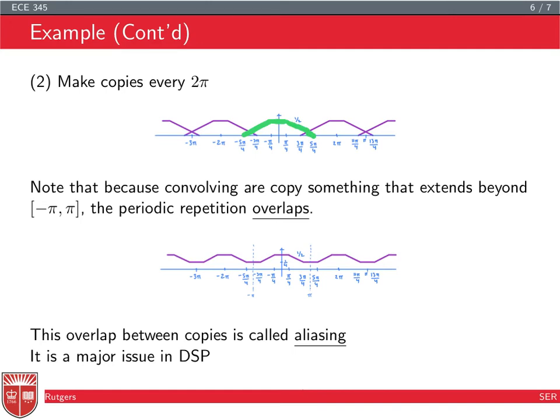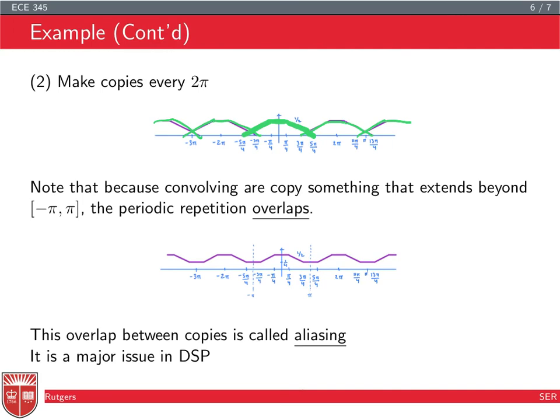We know that it's going to be repeated because it's a periodic signal. So I need to do the shifts, and when I do the shifts, I get the other copies here, and the real thing is going to be the sum of these.